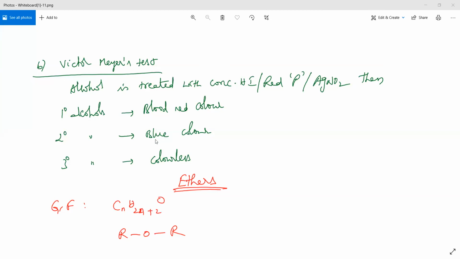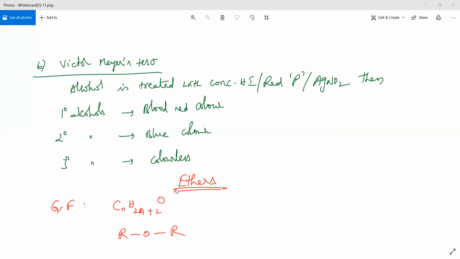If you get blue color, that indicates secondary. If you don't get any color, that indicates tertiary alcohol.